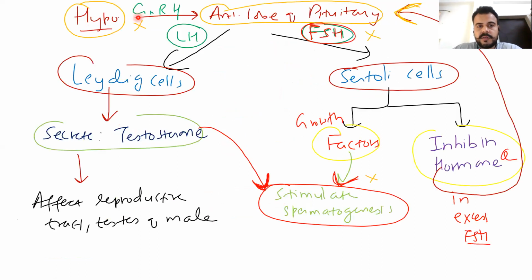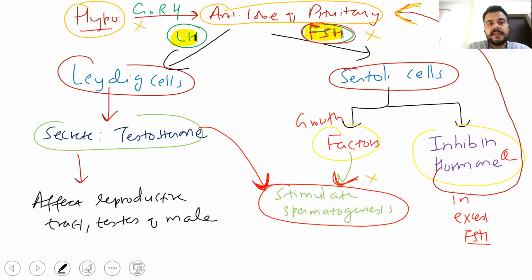Whenever spermatogenesis is required, LH will act on Leydig cells and FSH will act on Sertoli cells, as you can see over here. GnRH is produced by the hypothalamus. These Leydig cells can secrete testosterone, and it will affect the testes and reproductive organs. So this will stimulate spermatogenesis, as you can see.